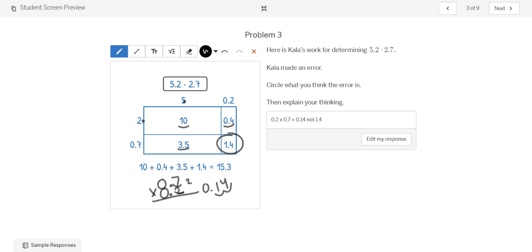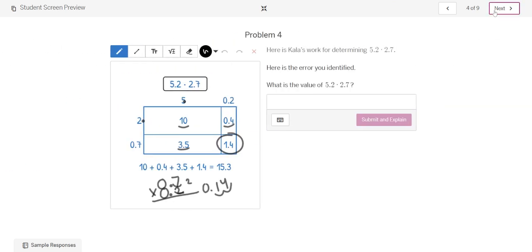Oops, grabbed the wrong pen. And so we move on. Okay, it transferred it over. So what is the real value? I would have 10, and I'm going to put 2 placeholder zeros. The next biggest shape is that 3 and 5 tenths. Line up the decimal points as I go. Not a 1.4, I've got 0 and 4 tenths. And then finally I have 0 and 14 hundredths.